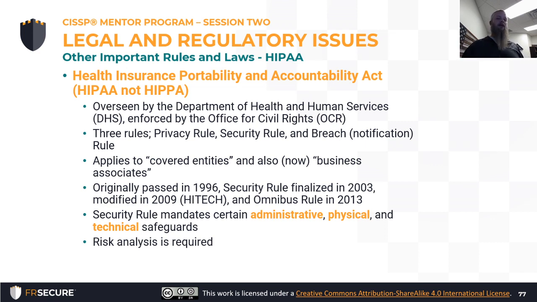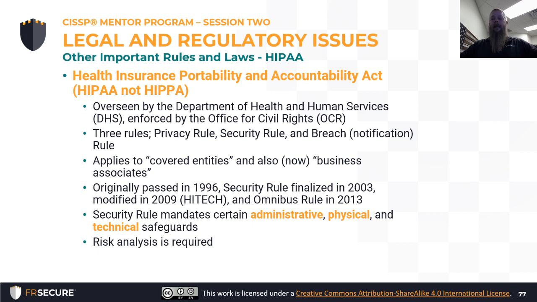From 2003 to 2009, it was kind of a half approach to compliance with the security rule. HITECH incentivized healthcare organizations to become compliant. There were things called meaningful use requirements. The last meaningful use requirement, if you wanted to get Medicare reimbursement, was to do a risk analysis.